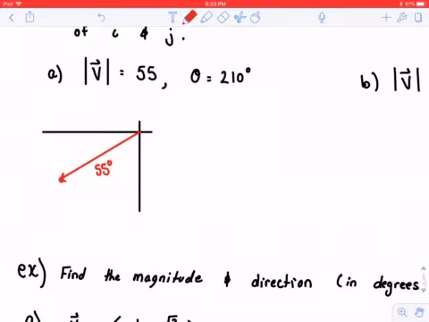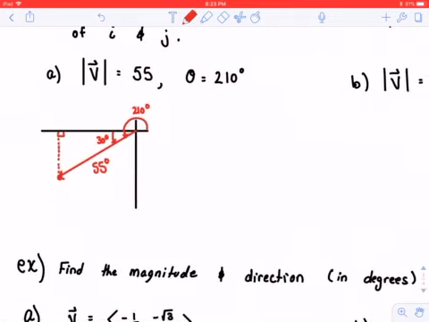So here's what I'm looking at. I know this angle right here is 30 degrees, so if you're going to use your special right triangles, you'd focus on that angle. I also know this angle right here is 210 degrees. Since I'm using the unit circle, I'm going to focus on that. But remember, even when I do that, I still kind of think of the right triangle.